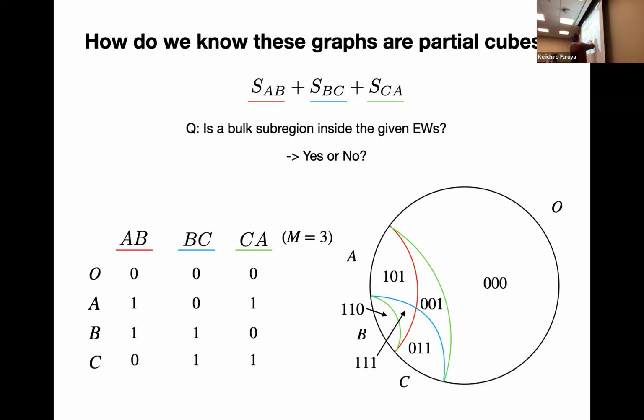This is up to your choice, but for the first bit, I will say it has the information of the RT surface AB. What I mean is that if the bulk subregion is inside the entanglement wedge, I will put 1. If it's not, 0. And then you do the same for BC and CA.